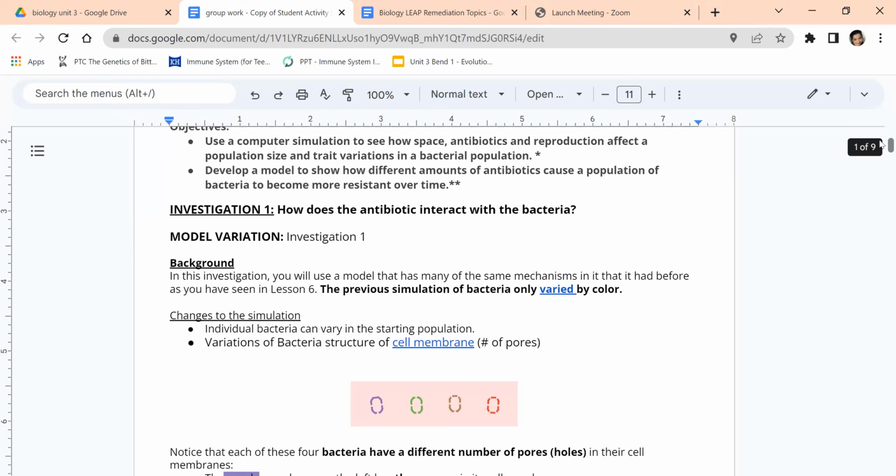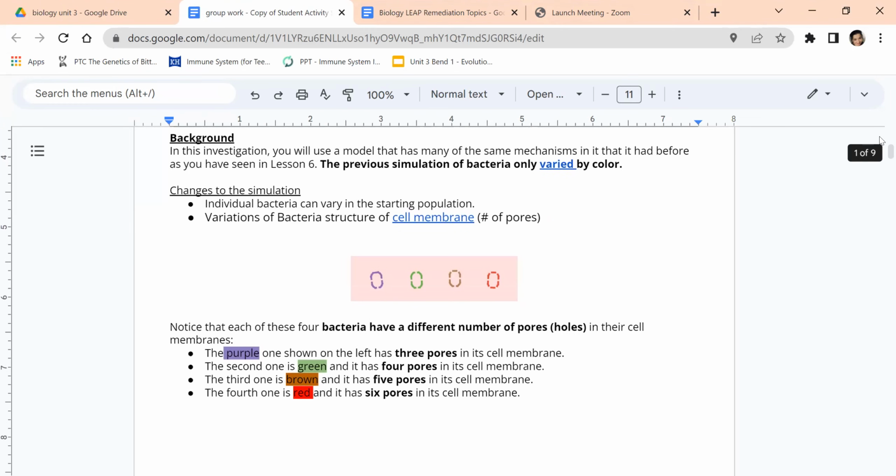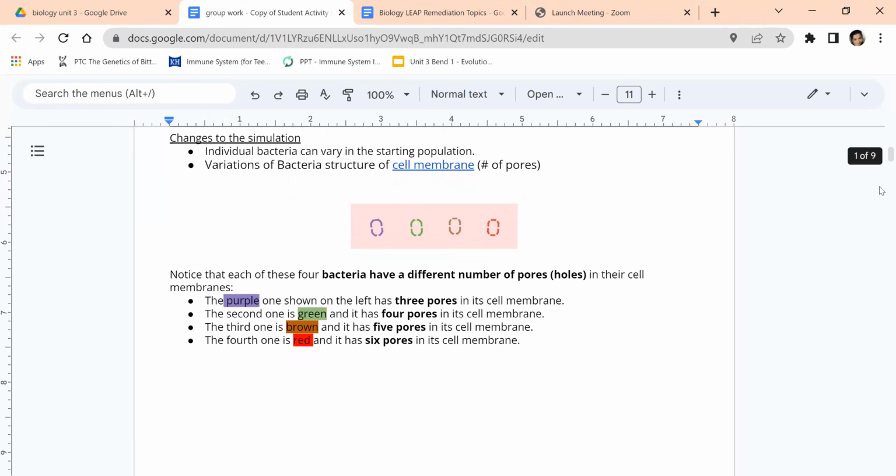We're going to use a computer simulation to look at this. What we're going to be working with in the simulation are these little oval-shaped structures in different colors, and these represent bacteria. We have a red bacteria, a brown one, a green one, and a purple one.